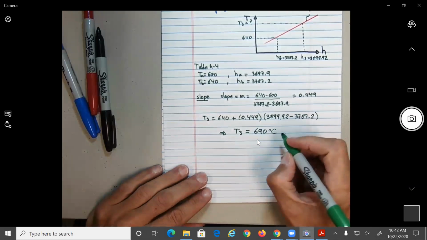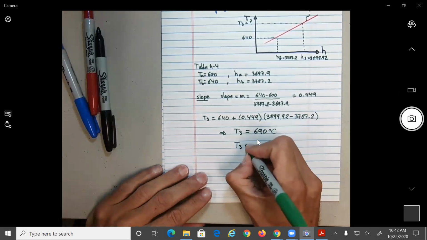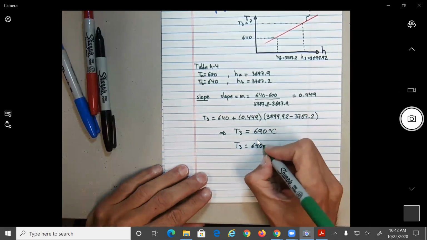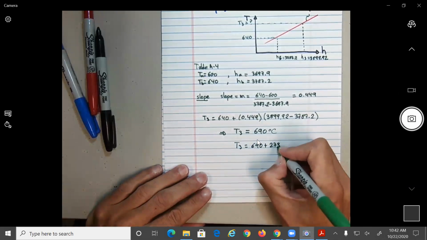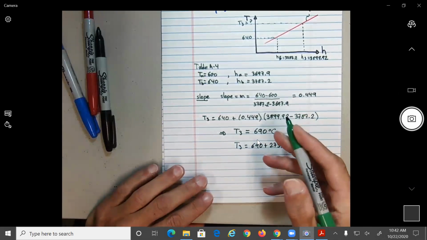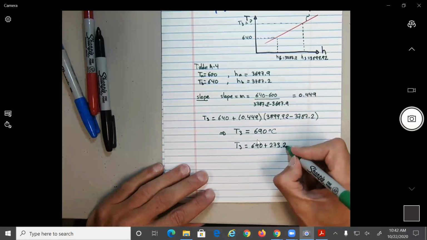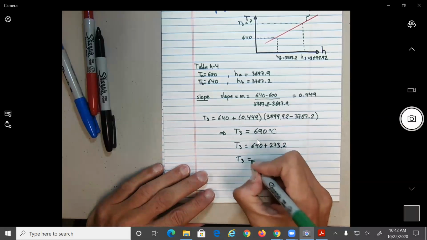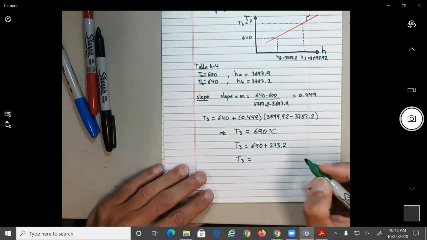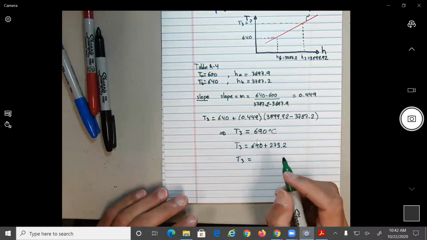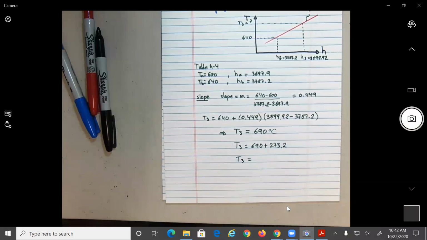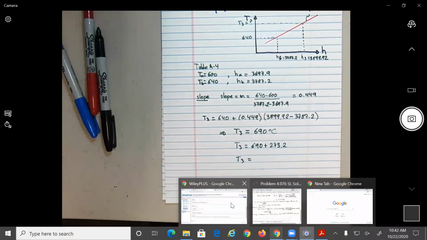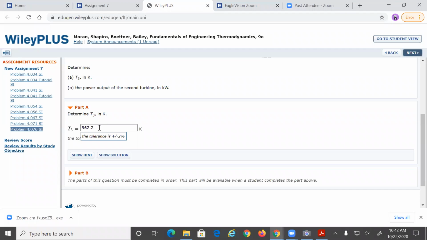So now in Kelvin, T3 would be 690 plus 273. Then it is 273.2, no? But I use 273. The problem is the accuracy. So this will give you the 900 and 62.2, no?